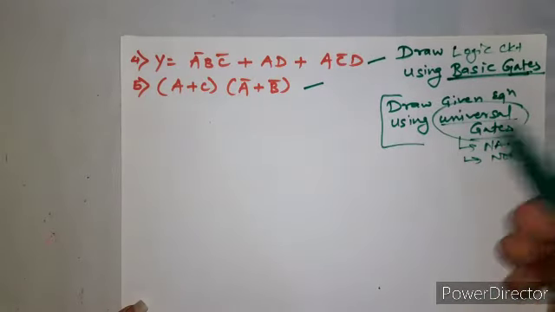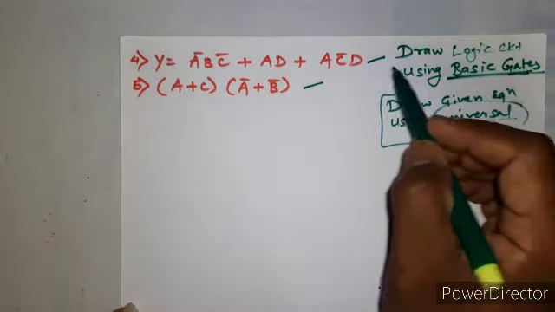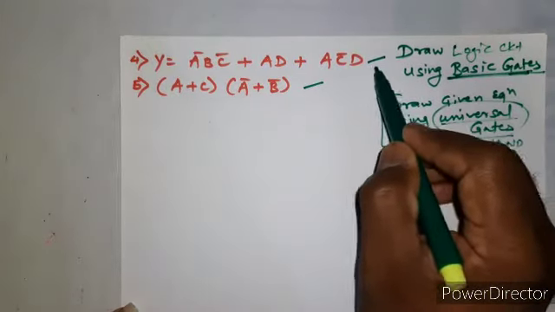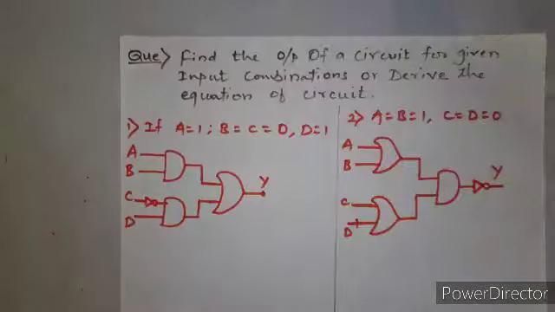We are going to see this in our next lectures, but now we are just supposed to draw this circuit using these basic gates. So you can try this. If not, I can show you in the next lecture.